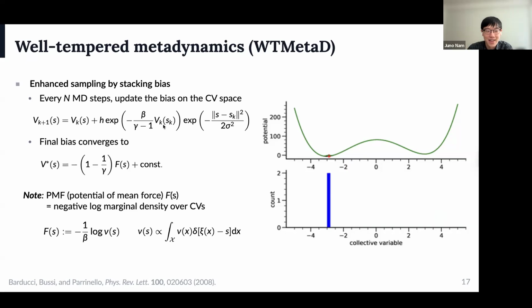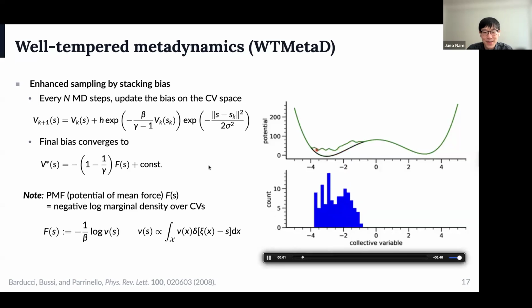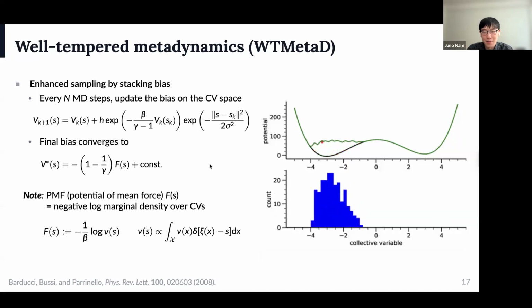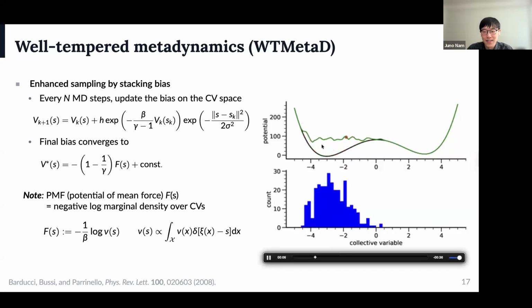We stack a Gaussian on the collective variable space centered at the current collective variable sample. When we keep doing this during the MD simulation, we stack up the bias and flatten out the potential energy landscape.